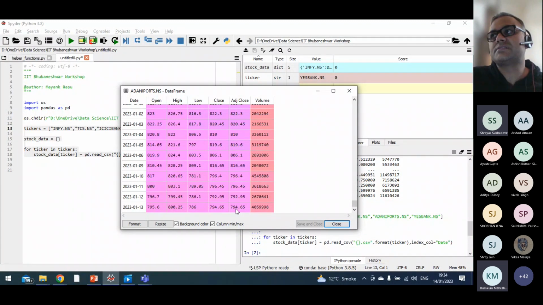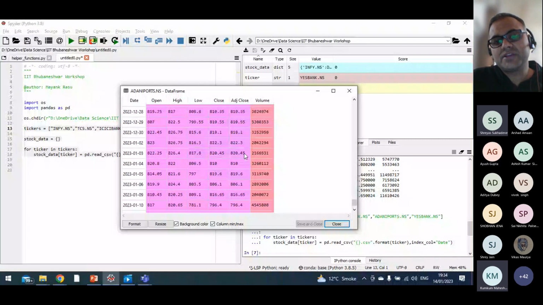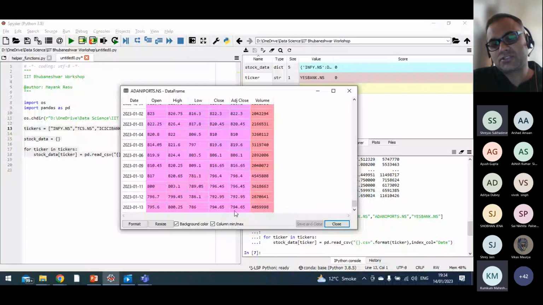So stock split means if you hold one stock of Infosys, from now it would become two stocks and the price would be halved. If that happens, do we discard all the previous information because now the stock price is close to 400, whereas earlier it was close to 800? That doesn't mean that the stock value has halved. So you have to adjust the historical price as well based on the corporate action.